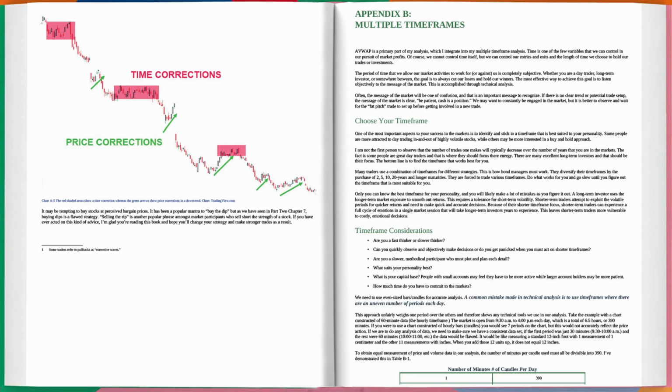It would be like measuring a standard 12-inch foot with one measurement of 1 centimeter and the other 11 measurements with inches. When you add those 12 units up, it does not equal 12 inches. To obtain equal measurement of price and volume data in our analysis, the number of minutes per candle used must all be divisible into 390. I've demonstrated this in Table B1.